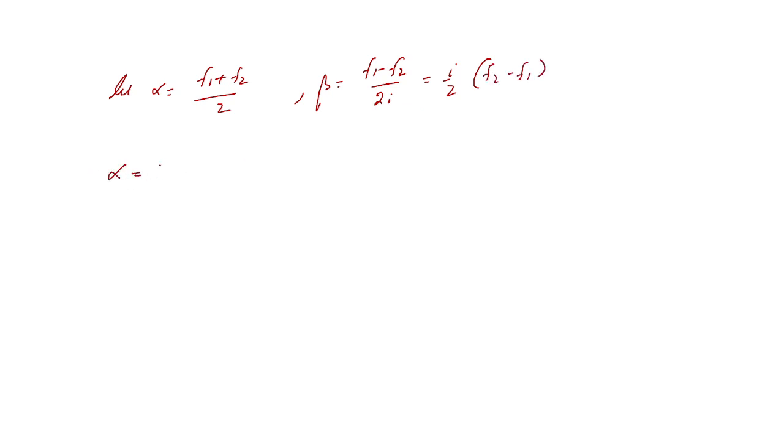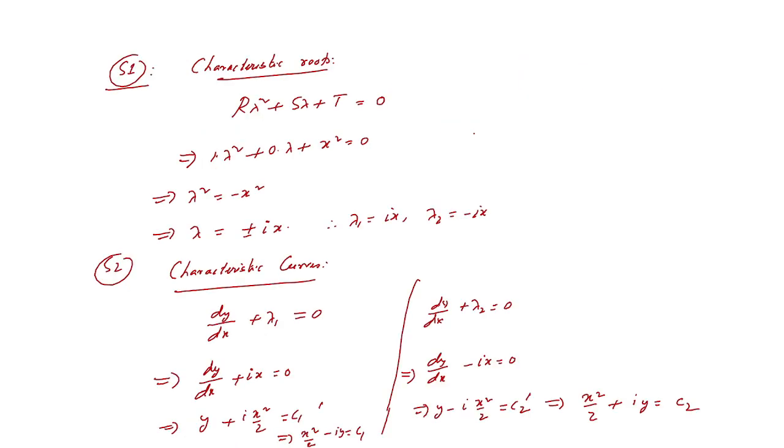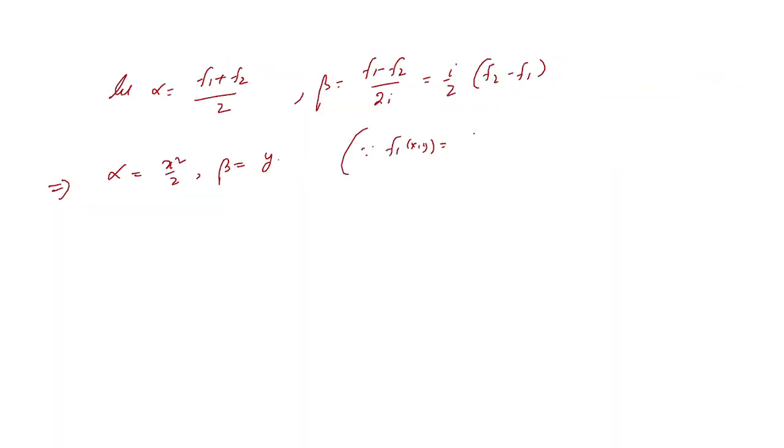From that, α = x²/2 and β = y. And f1(x,y) is y + ix²/2, and f2(x,y) is y - ix²/2.